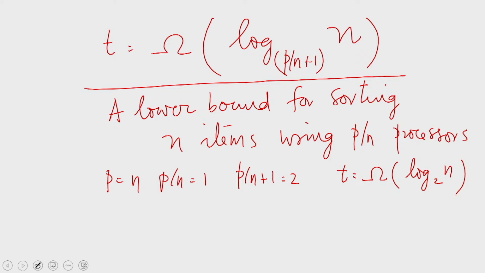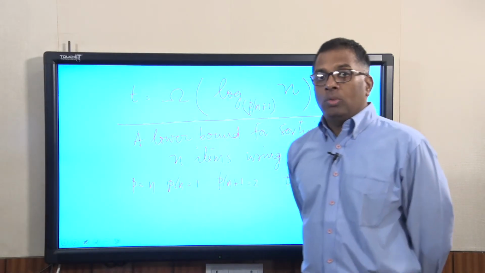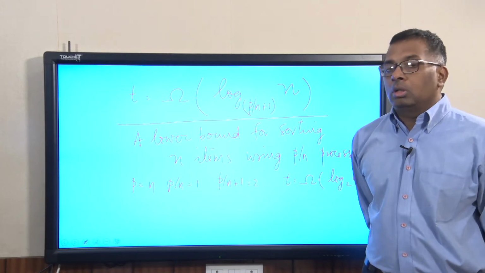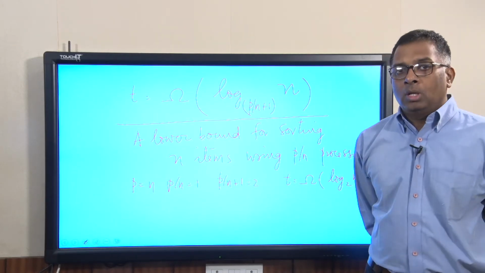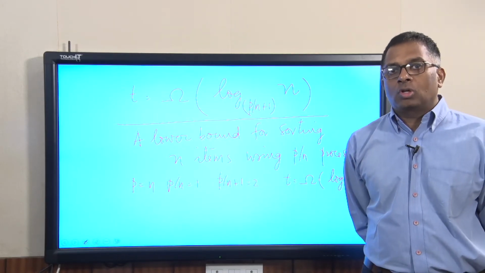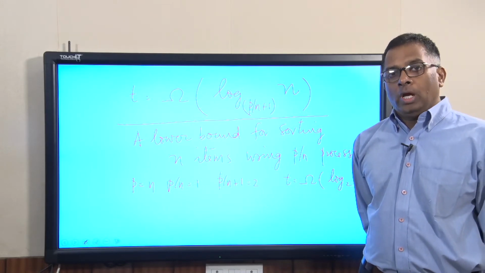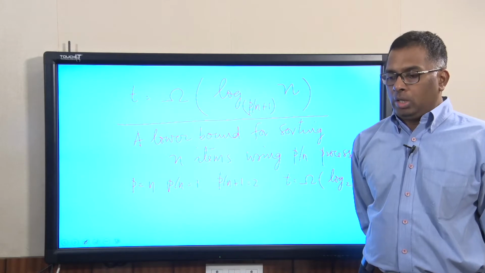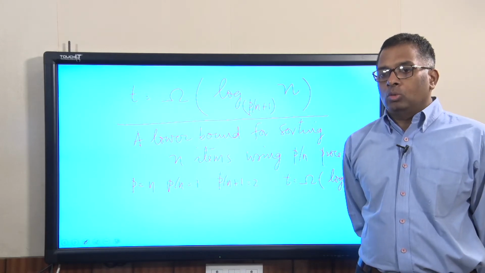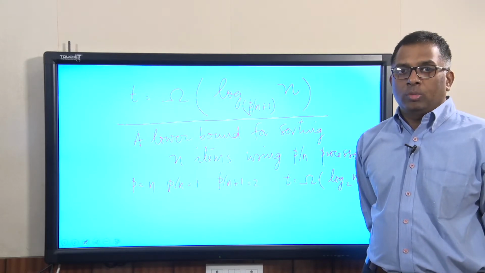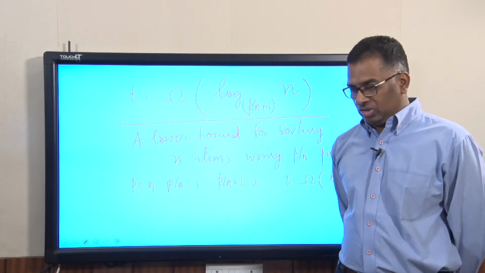So, that establishes that when you have n processors, you will not be able to sort faster than log n time. So, in that sense, Cole's merge sort is an optimal algorithm. It sorts n elements using n processors in order log n time. You cannot expect to better Cole's merge sort in an asymptotic sense.